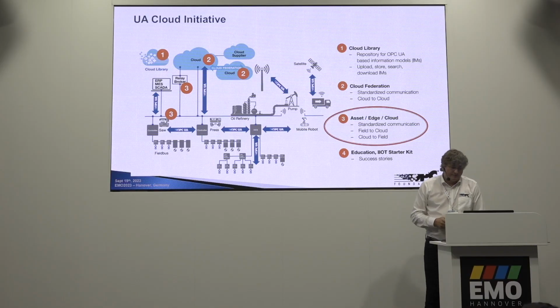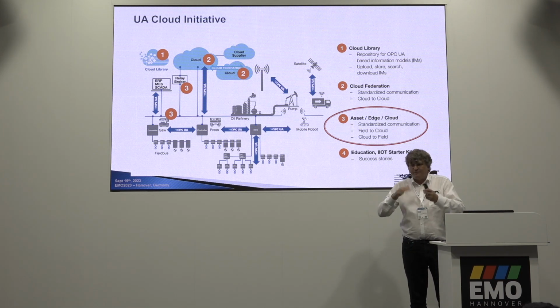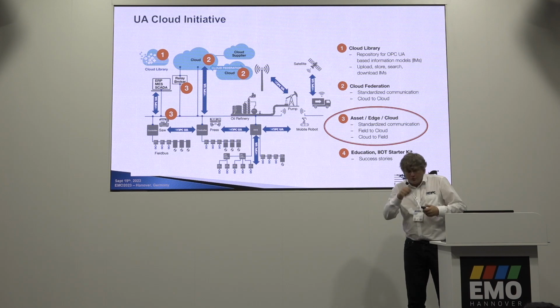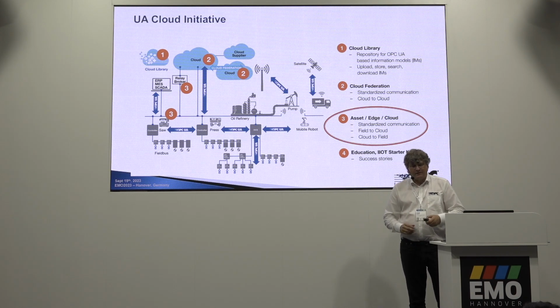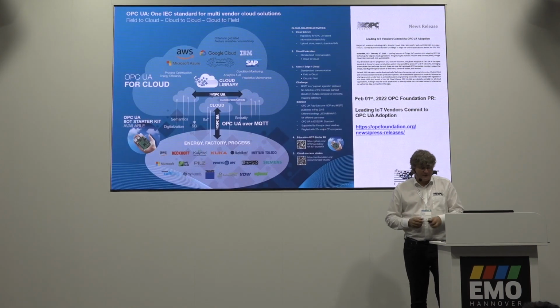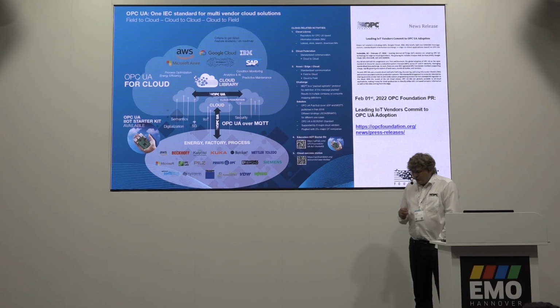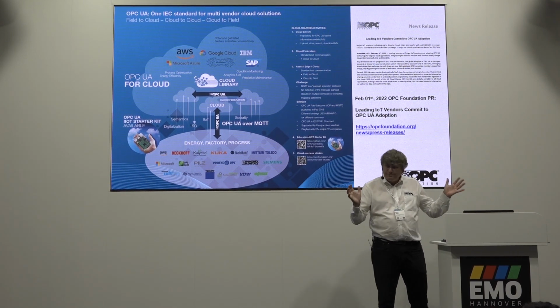OPC UA is scaling to cloud systems for applications. And it is because inside OPC UA we have multiple protocols. Not only TCP, not only UDP, which is more for field level and inside factories, it also has MQTT baked in. But MQTT on its own is not enough. Everybody is promising, yeah, I have MQTT, but this means nothing.